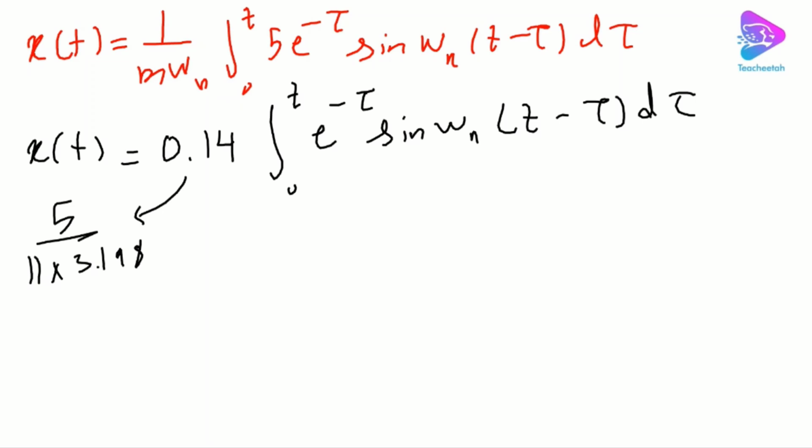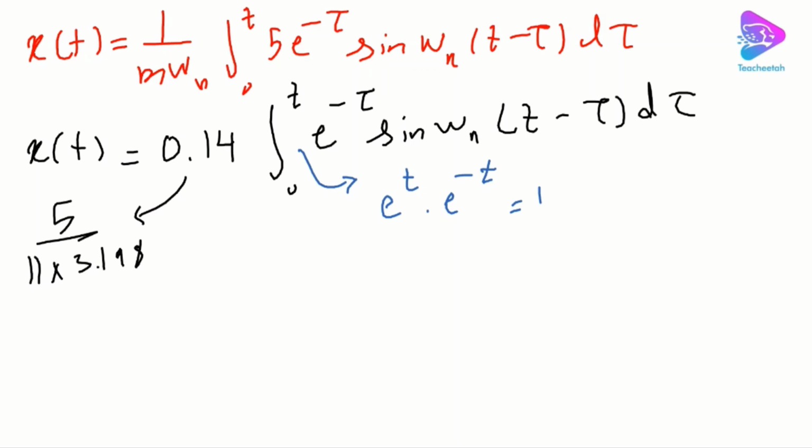So what I want to do is add some terms into the integral that don't affect the integration. I want to multiply the whole integral by e^t times e^(-t), right? Because e^t times e^(-t) is equal to 1, so it doesn't change anything. We can put it in there.